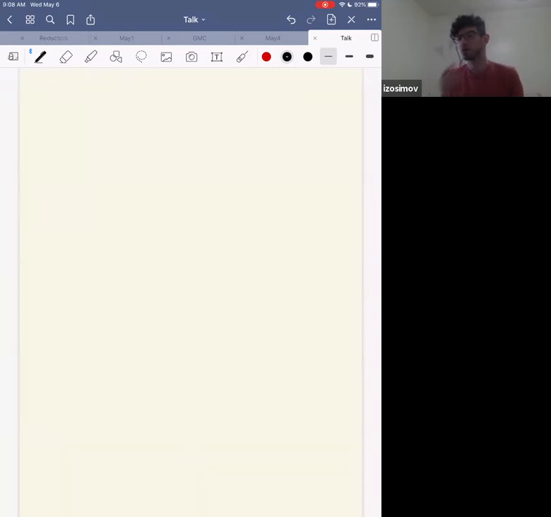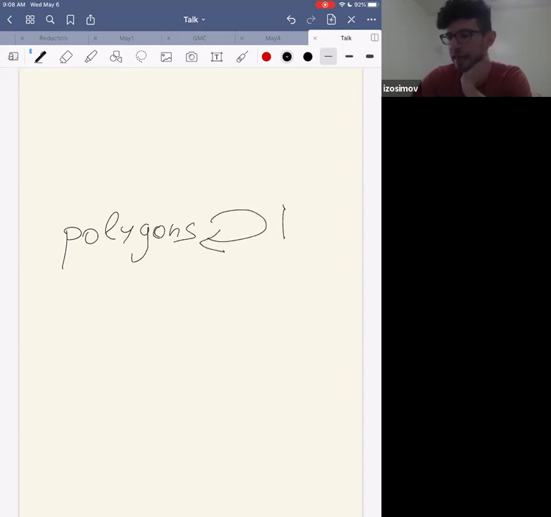Okay, so now I need to explain how this is related to the pentagram map and how one can use this to obtain a Lax representation for the pentagram map. So let's consider the following problem. We have this space of polygons, and the pentagram map acts on the space of polygons.